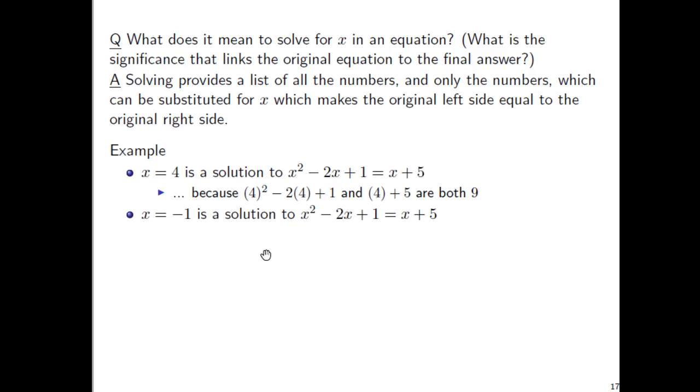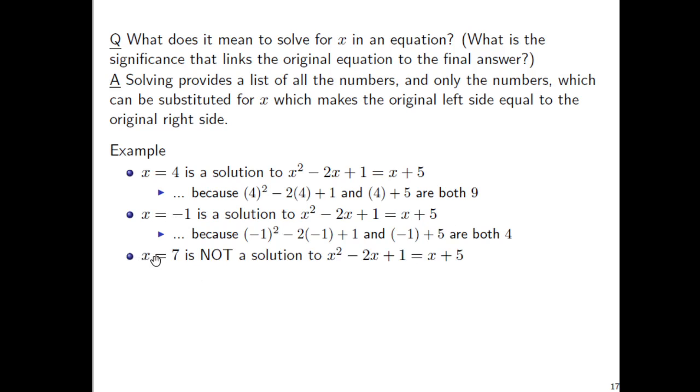So they're both 9. x equals negative 1 is a solution to this equation, because if you plug in negative 1 for all the x's on the left side, that'll become a 4. And if you plug in negative 1 for all the x's on the right side, it'll also simplify to a 4.